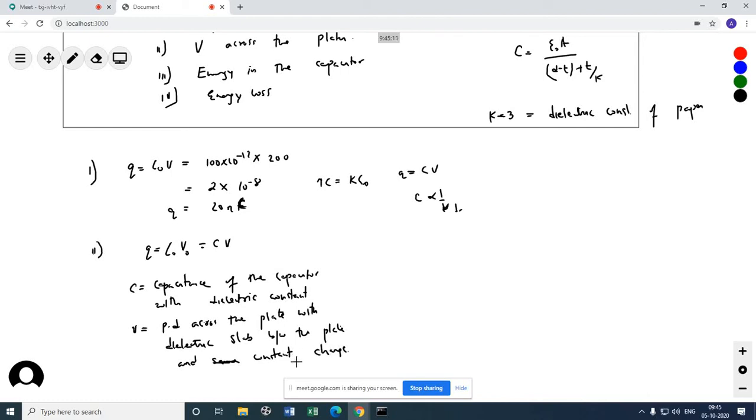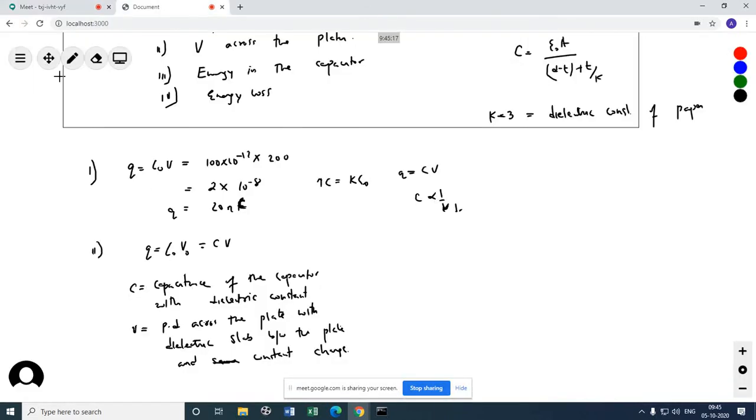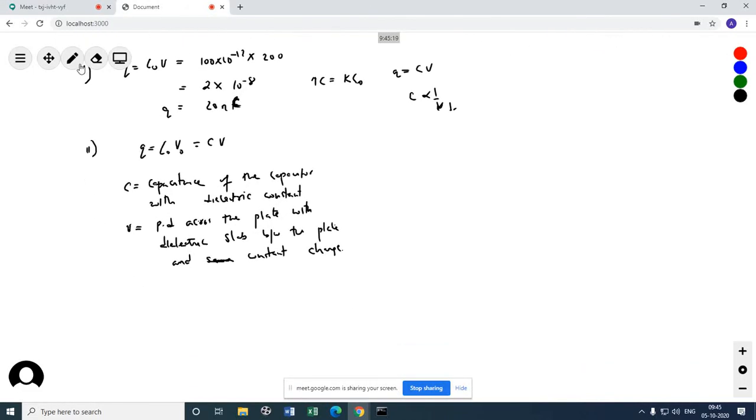So then we can write C naught by C is equal to V by V naught, because the charge will remain the same.